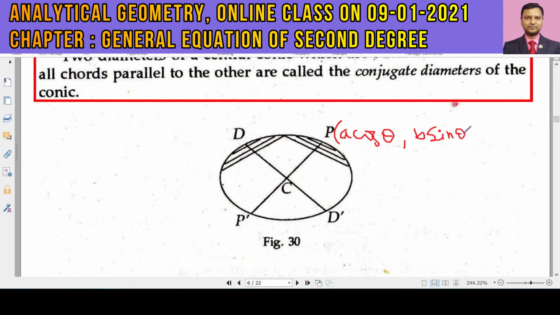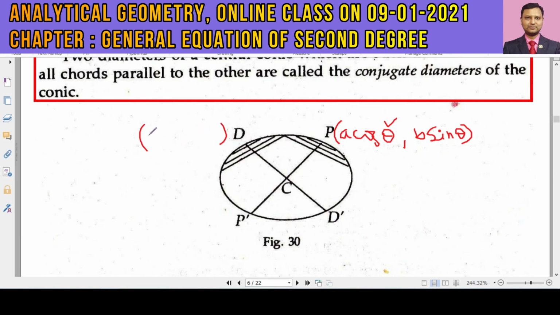Any point on an ellipse can be written in this fashion. So if these two lines P prime and D prime are conjugate to each other, then if we know this coordinate theta, we can find out the corresponding parameter of the point D, the parameter for the point P prime, and the parameter for the point D prime as well.